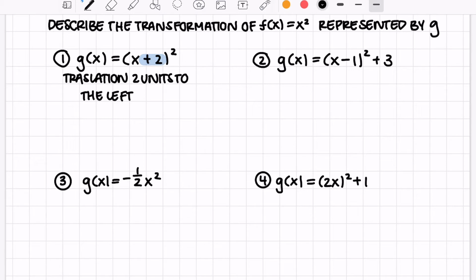Cool. Then in number 2 we have a transformation happening on the inside of the parentheses and also on the outside of the parentheses. Since we have a minus 1 inside the parentheses, we are doing a translation 1 unit to the right.